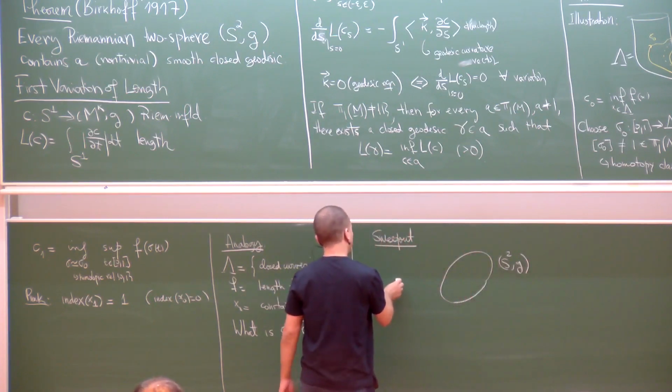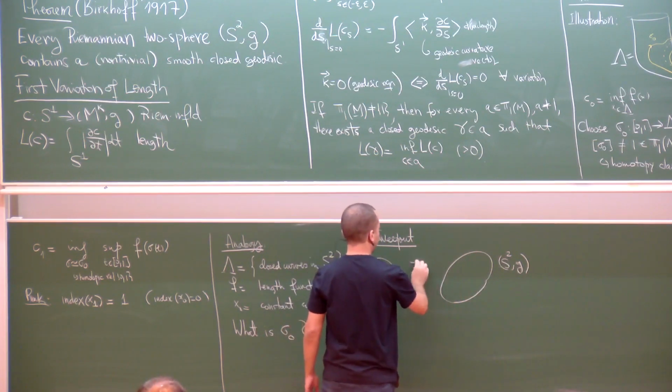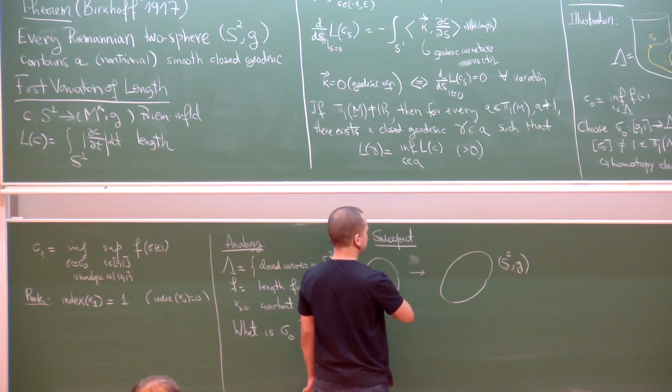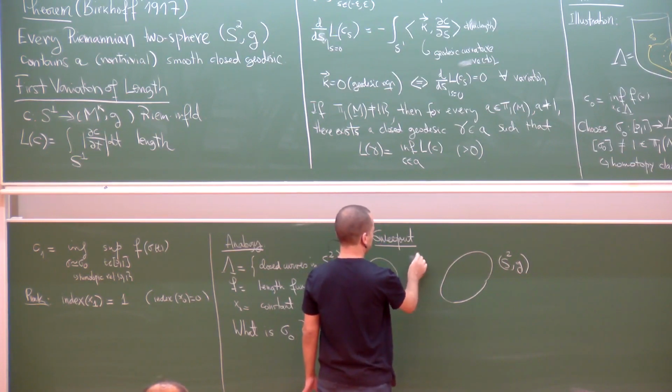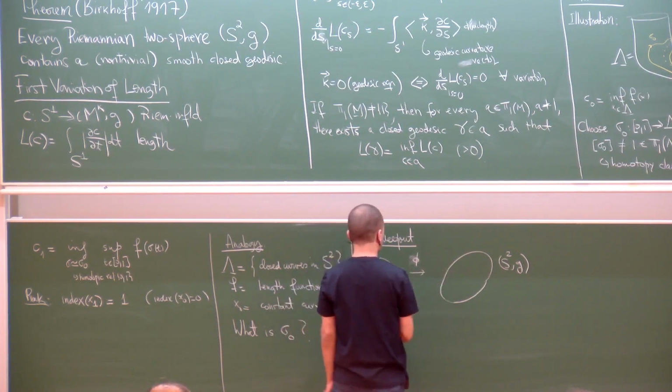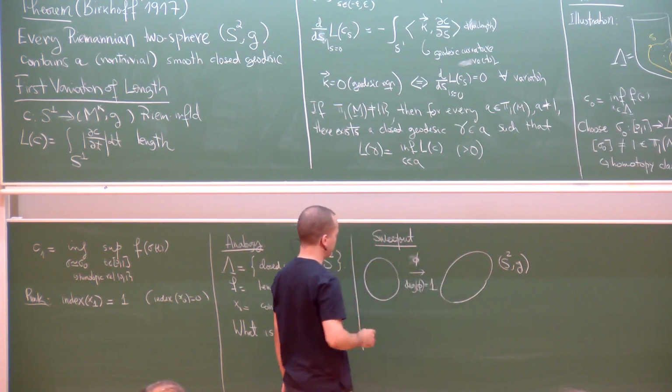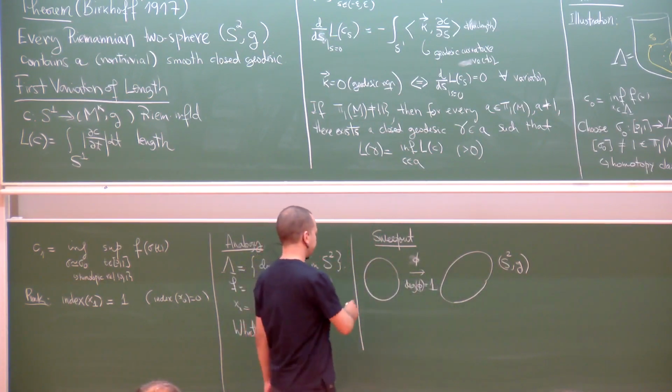Then one does the following thing. For every map phi from S2 to itself of degree equal to 1, so this is a non-trivial map.